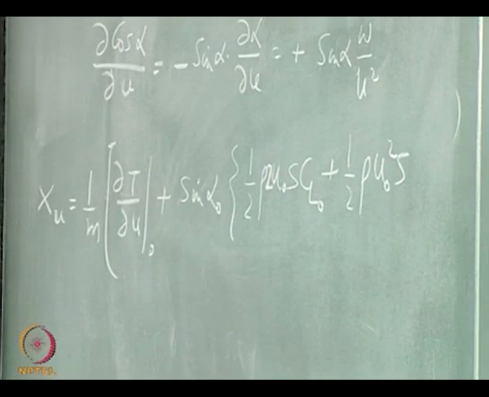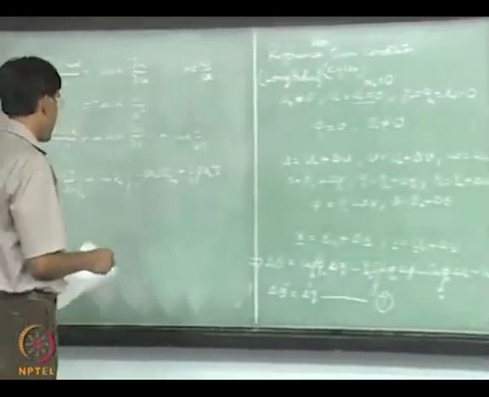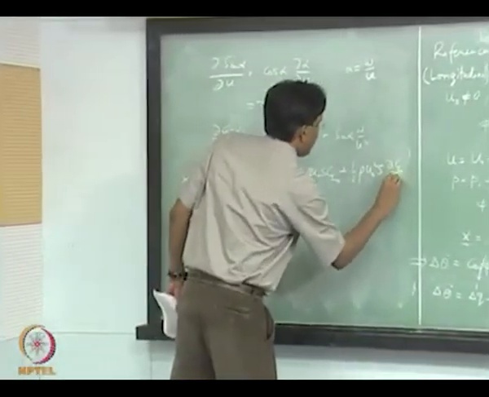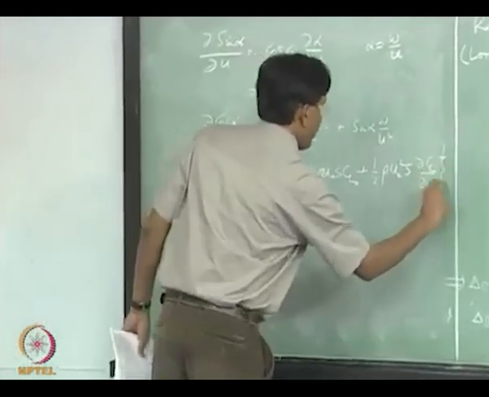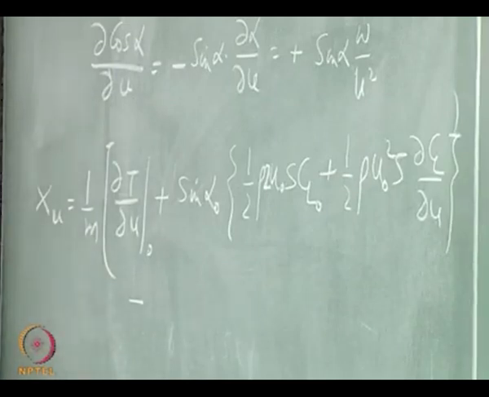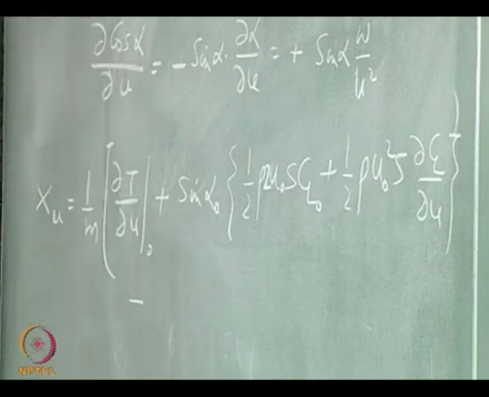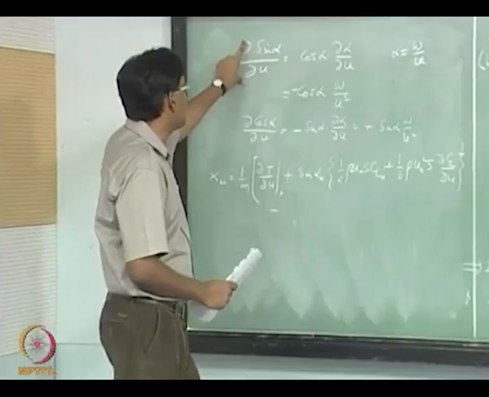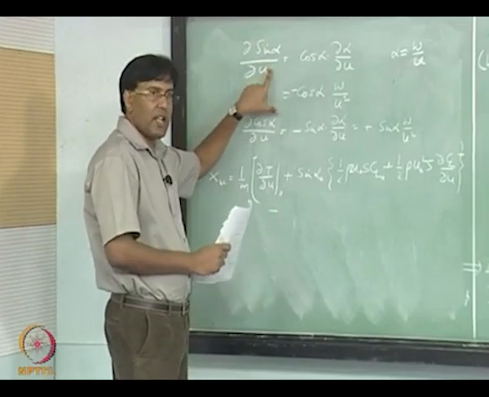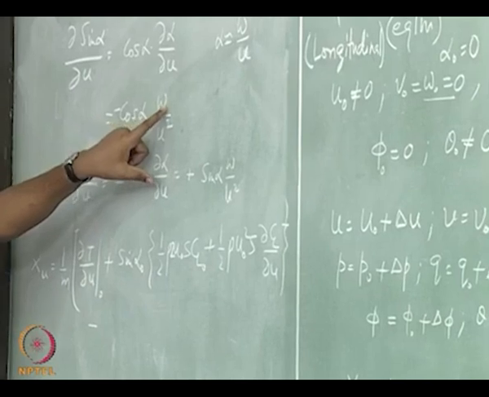Okay, so let us try to... so my V naught squared is U naught squared, right, because the other two terms are 0. We have the second or third term which is having the derivative of this, and if I want to evaluate it at the equilibrium flying condition, because of this term here it will be 0, right.